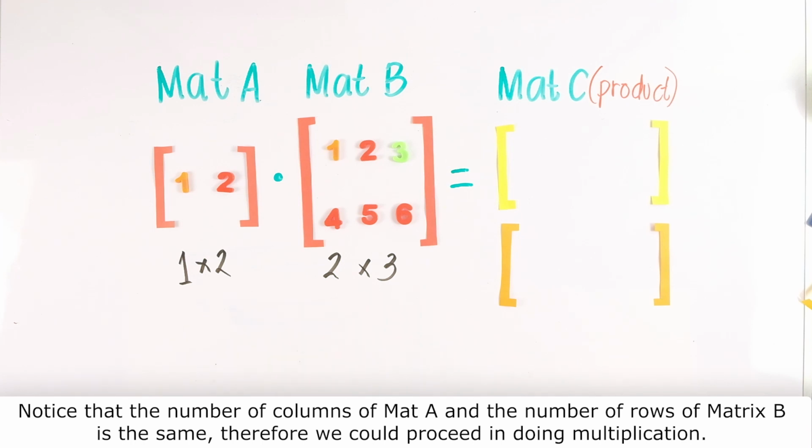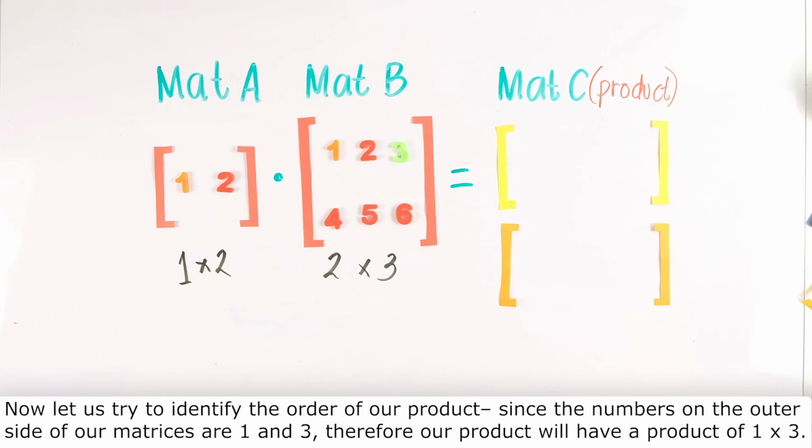So therefore, we could proceed to doing multiplication. Now, let us try to identify the order of our product. Since the numbers on the outer side of our matrices are 1 and 3, therefore, our product will have an order of 1 by 3.